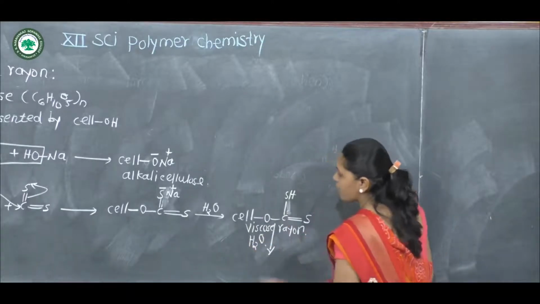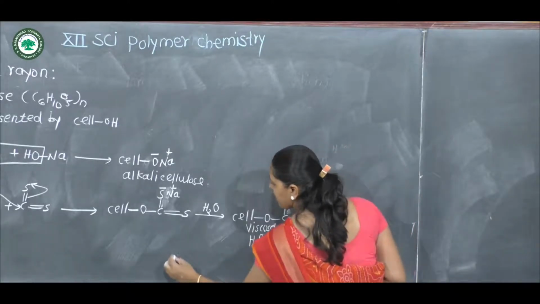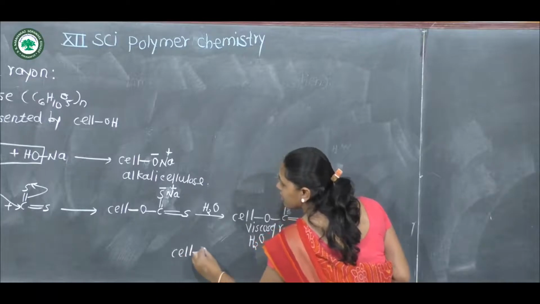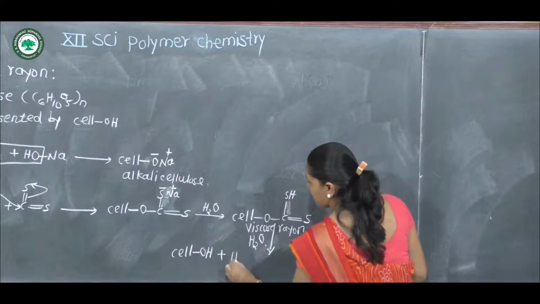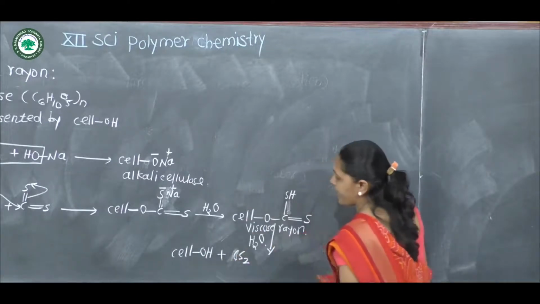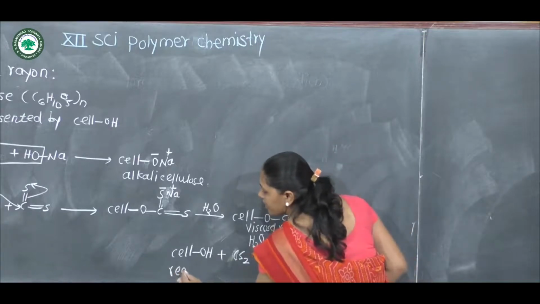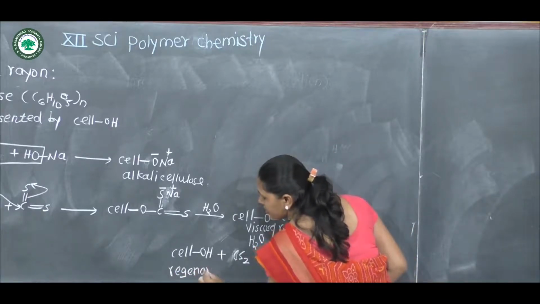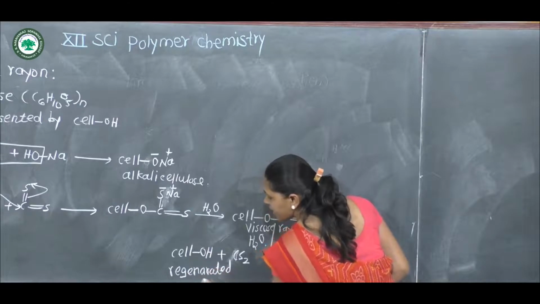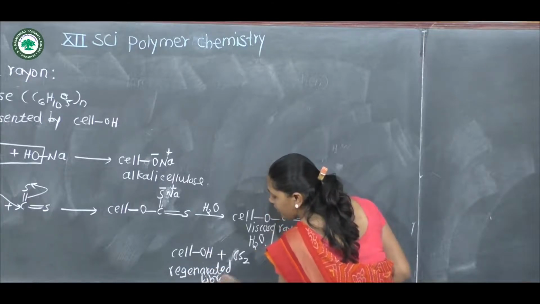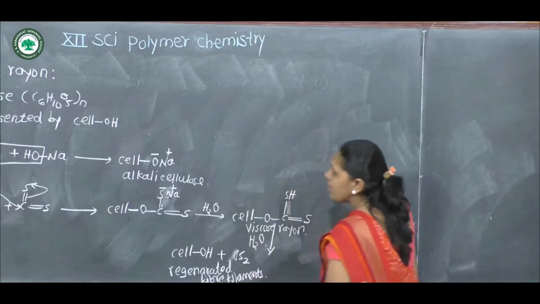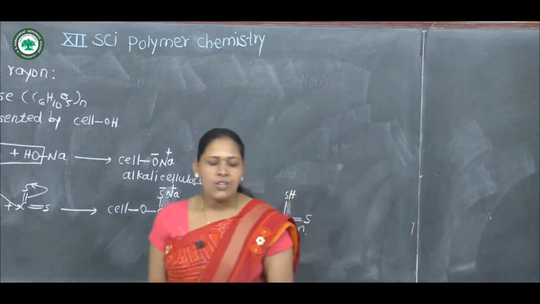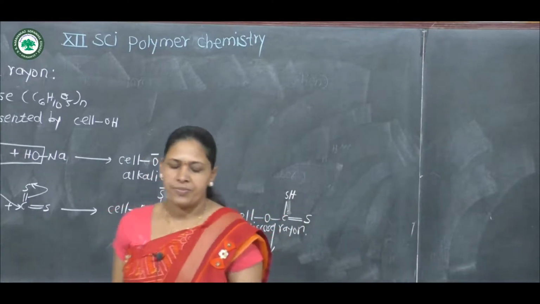On treatment with water, it forms cellulose plus carbon disulfide. It is a regenerated fiber filament. In this way, viscose rayon can be formed.